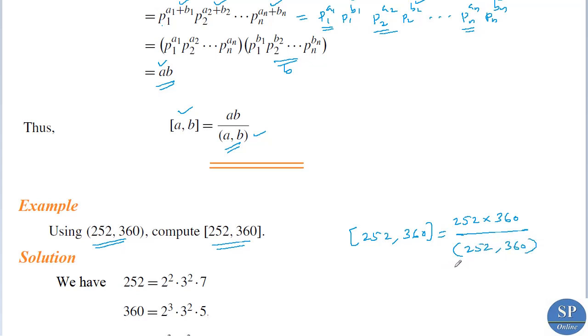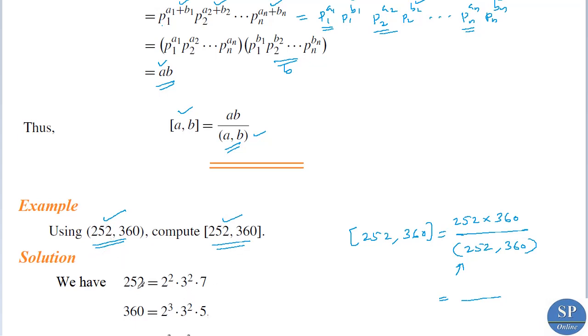If we know this GCD, then we can directly apply this. Otherwise, we have to find the GCD like this. This method is good if we know the GCD of these two numbers. Otherwise, it's better to use the previous method, that is, the canonical decomposition. But in this question, we have to use the GCD to find the LCM. So we are going to find the GCD first.